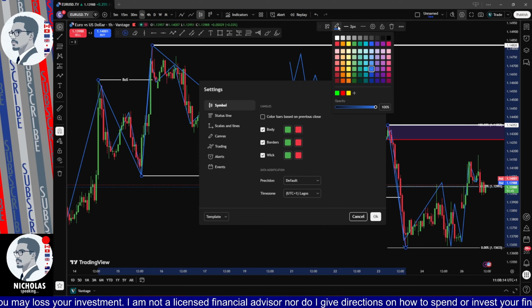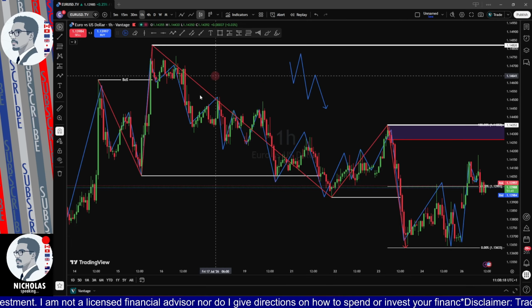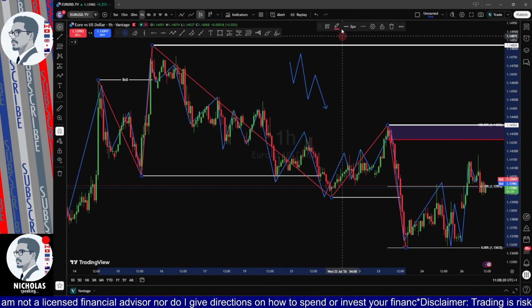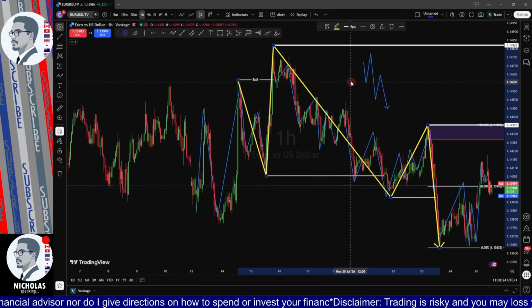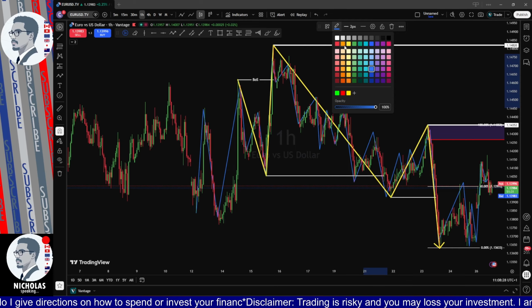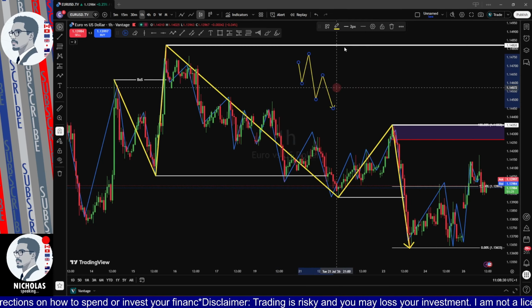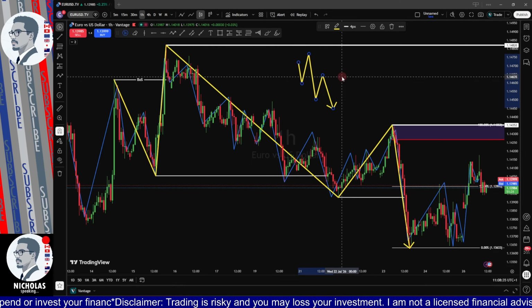That is the swing structure you want to know of. I'm going to make it red, make it very bold. Actually, I think yellow is better, and bold. So you can see this and this are both the same thing. So now you understand the swing structure and swing market structure.